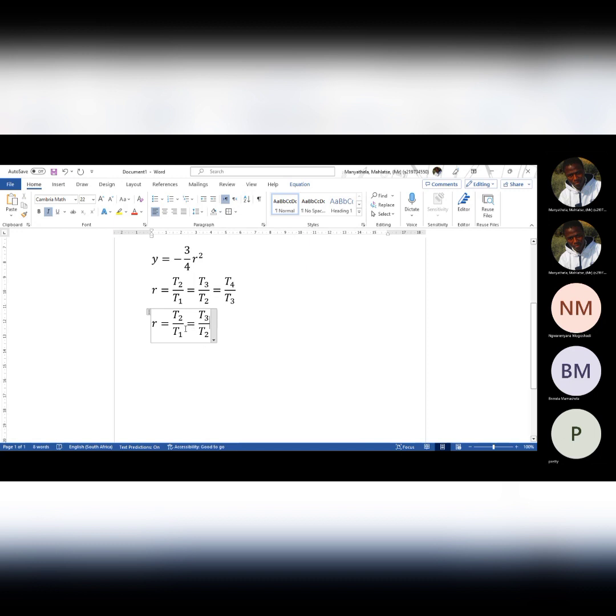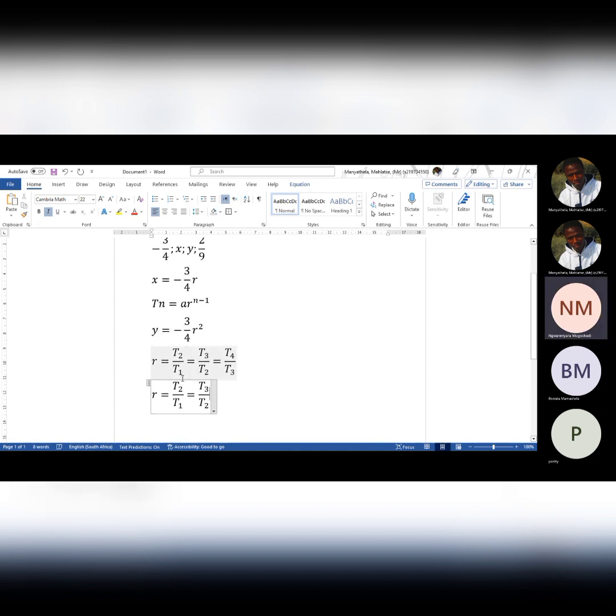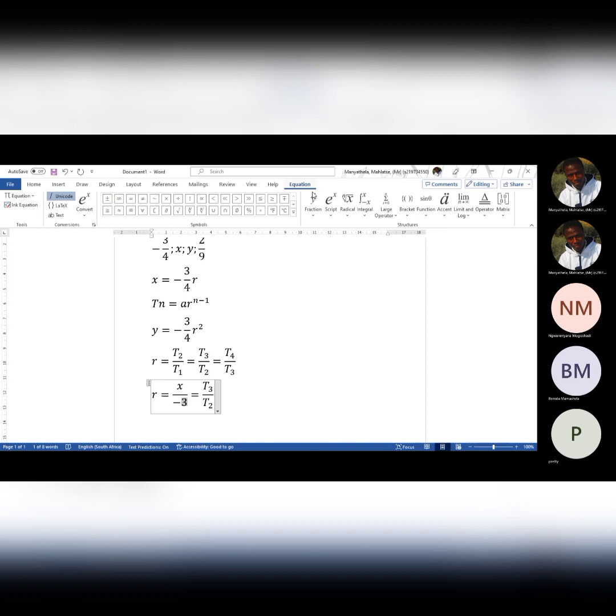I will take this part only. Our T2 is what? X. Our T2 is x, right? So let's have x, and then our T1 is minus 3 over 4.